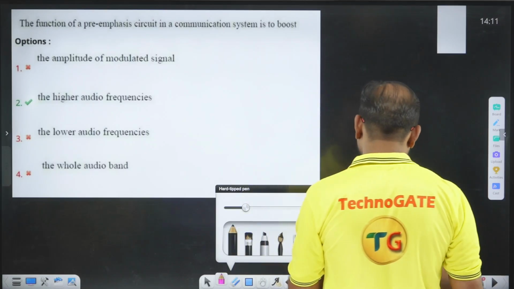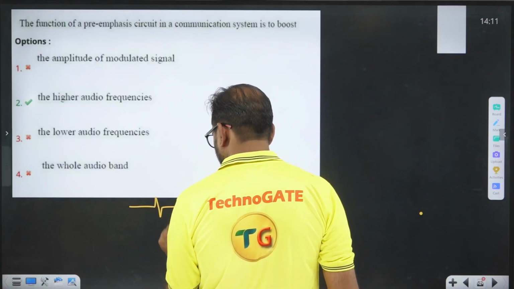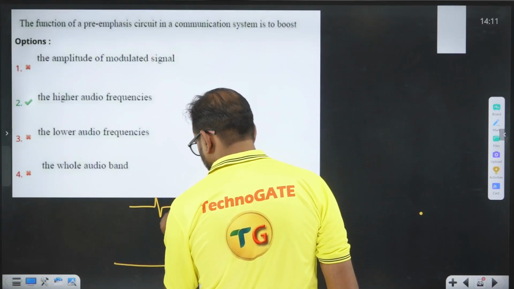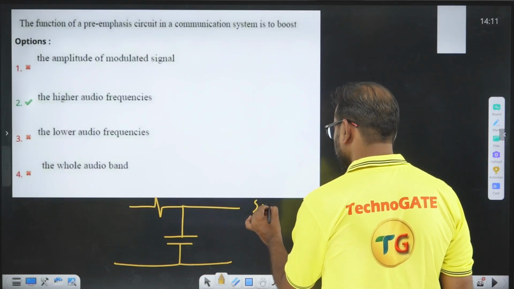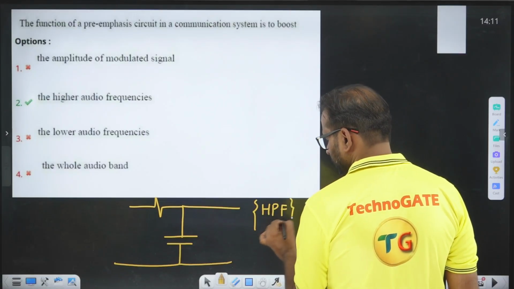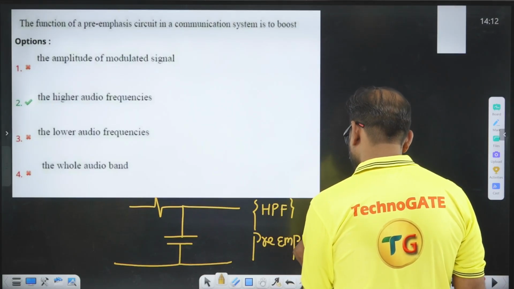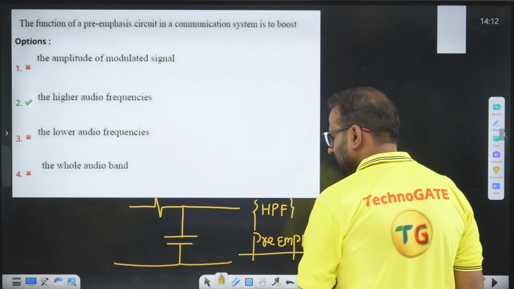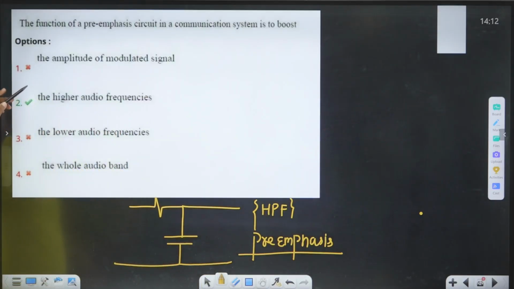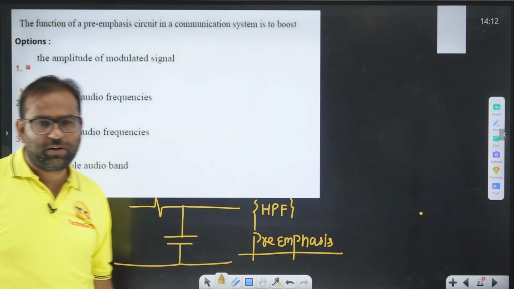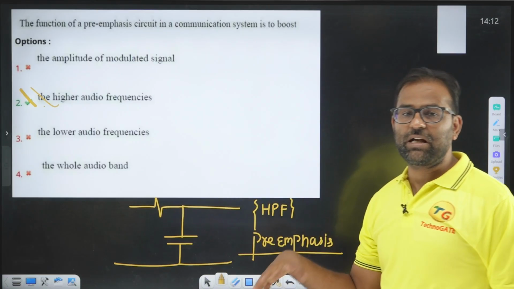The pre-emphasis circuit is just a high pass filter kind of circuit, and it will boost the higher frequency components of the FM signal. So which one is the correct answer? It comes in a pair, so we use one more circuit, the de-emphasis circuit, which acts as a low pass filter.